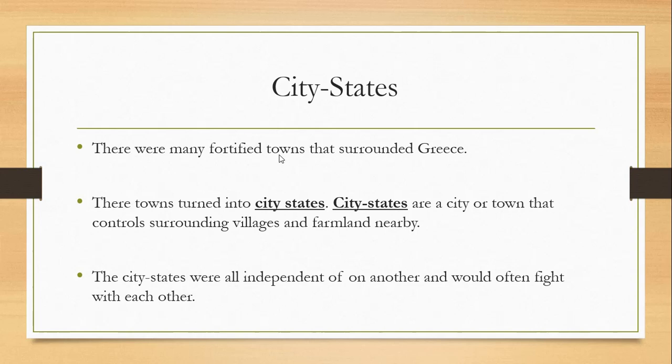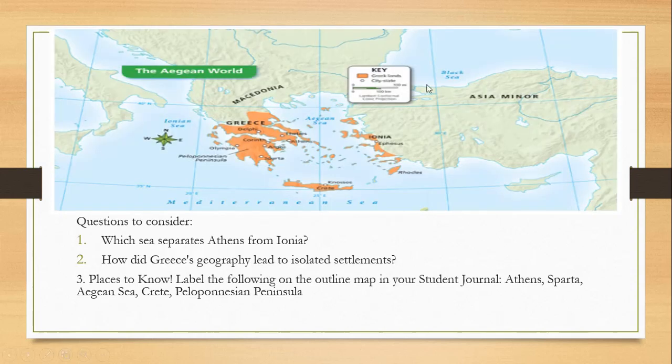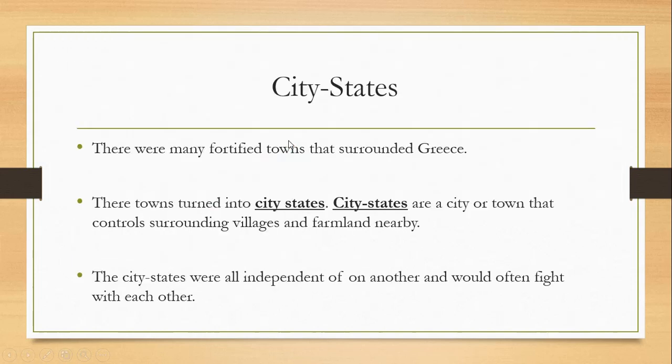City-states are a city or town that controls the surrounding villages and farmland nearby. So Athens turns into a city-state, and it controls all the farmland and the area around the villages that are around Athens, okay?